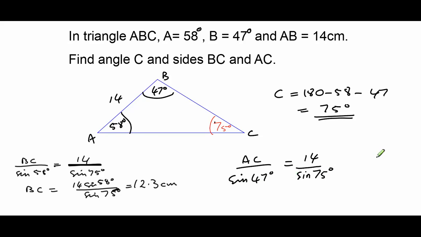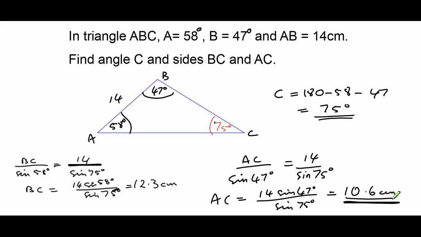Multiplying by sine 47, we'll have AC equals 14 sine 47 divided by sine 75, which gives us 10.6 centimetres to 3 significant figures.